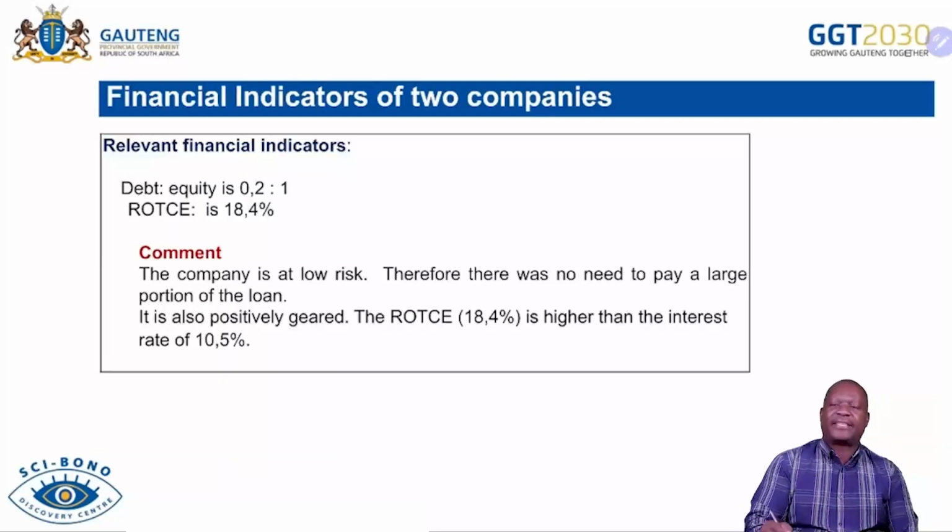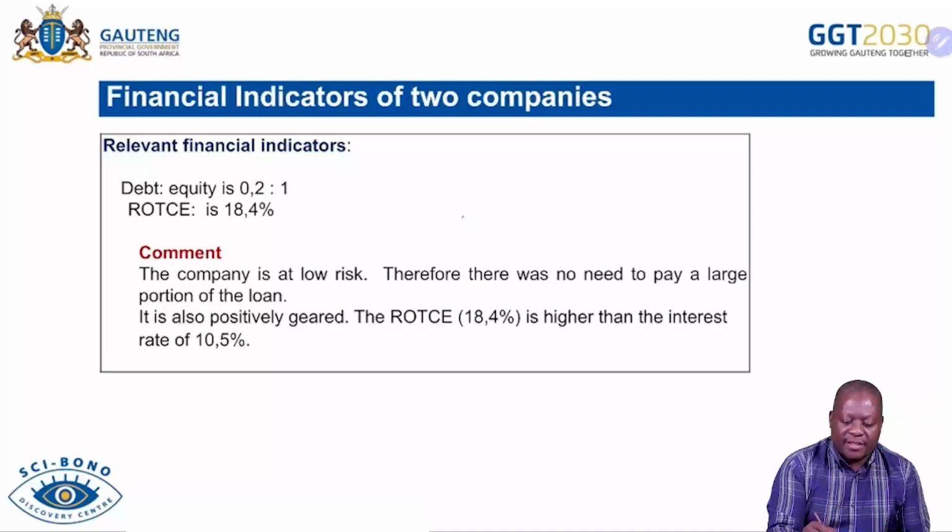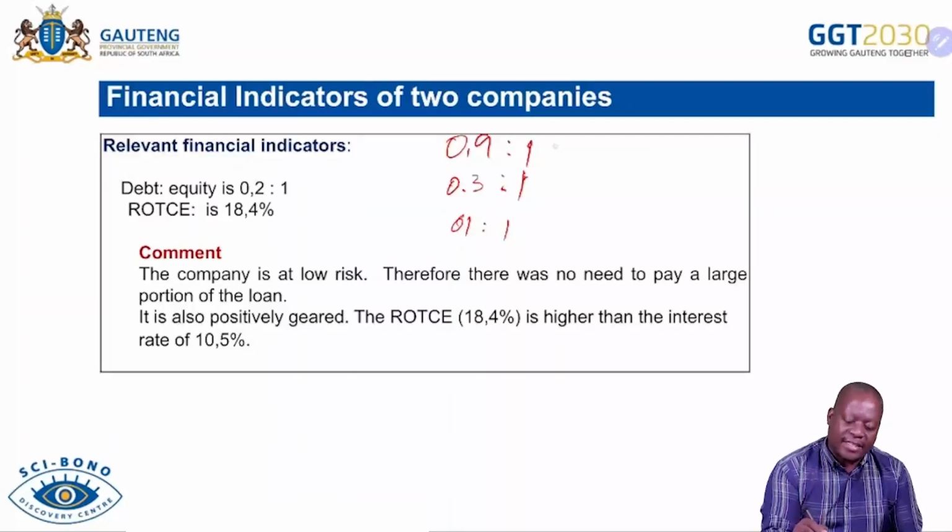When it comes to debt equity ratio, it is always 0.1:1, going up maybe to 0.3:1, and then it goes maybe up to 0.9:1.